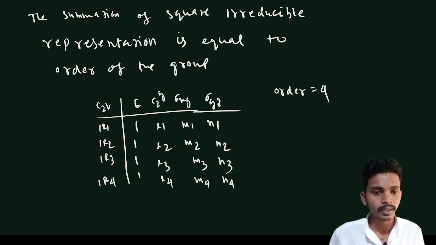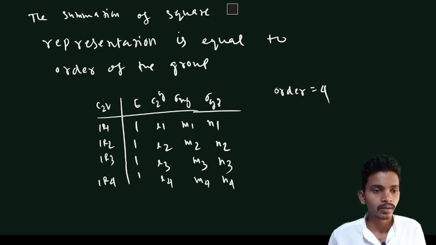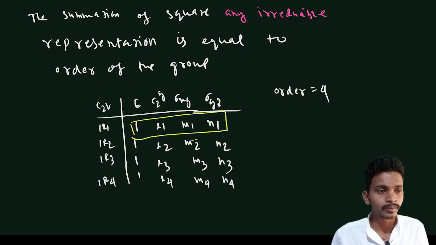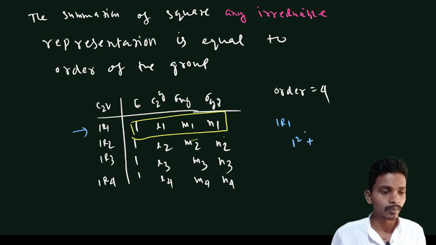Now this postulate says that the summation of the square of any irreducible representation is equal to the order of the group. It means that if you add up the squares of any irreducible representation, you get 4.